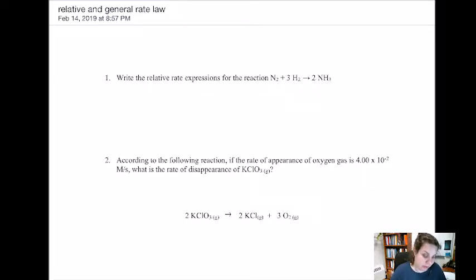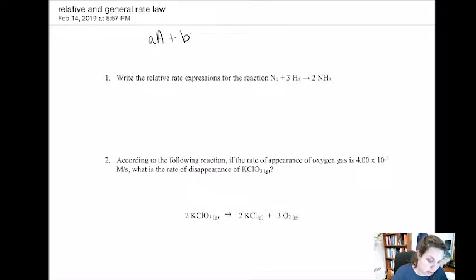So first question is write the relative rate expressions for the reaction N2 plus 3H2 gives us 2NH3. So remember our relative rate laws.